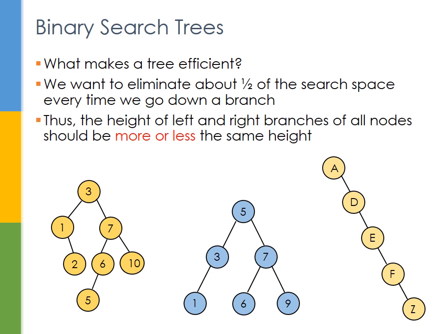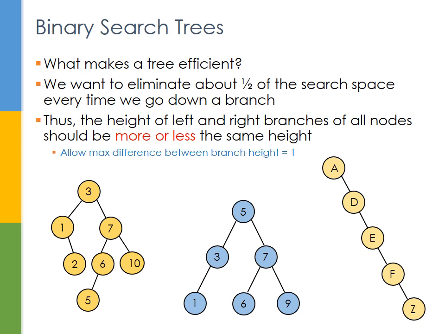So what this implies is that the height of the left and right branches of every node within the tree should be more or less the same height, and this will ensure that approximately half of the search space is eliminated at each search step.